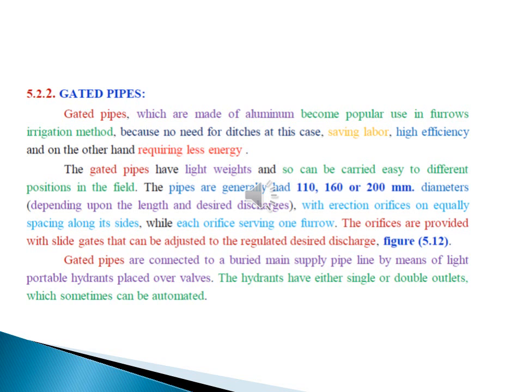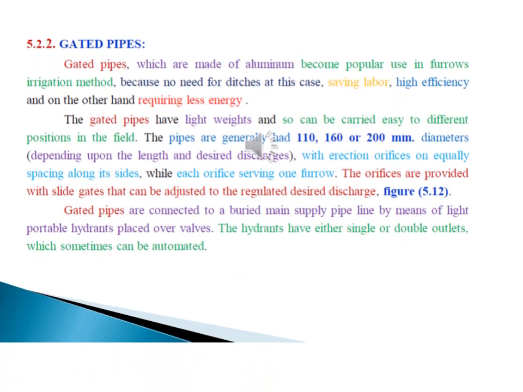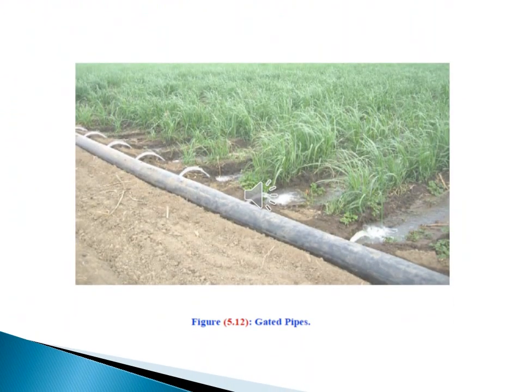The pipes generally have 110, 160, or 200 mm diameter, depending upon the length and their discharge, with orifices equally spaced along each side, while each orifice serves one furrow. The orifices are provided with a slide gate that can be adjusted to regulate the desired discharge, as shown in the enclosed figure. Figure showing gated pipes with their orifices on equal spacing.